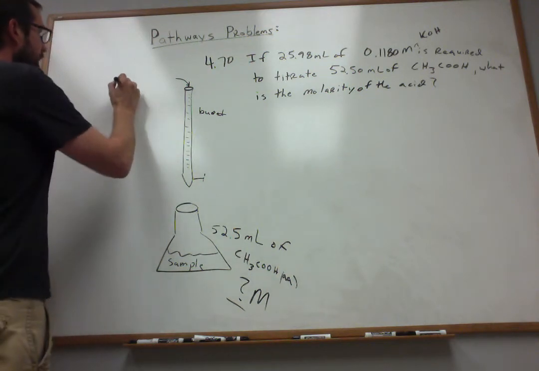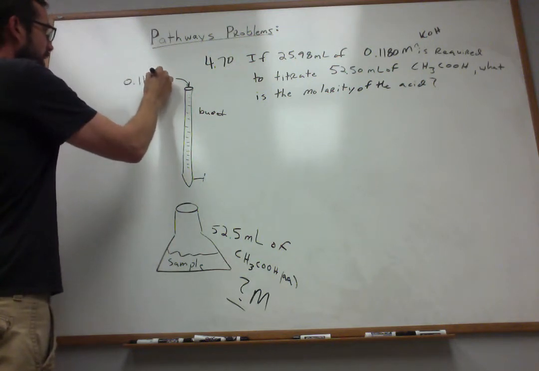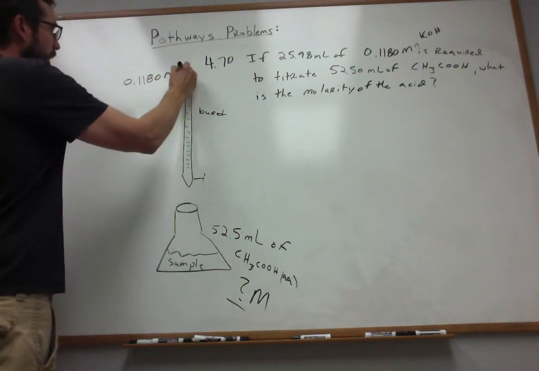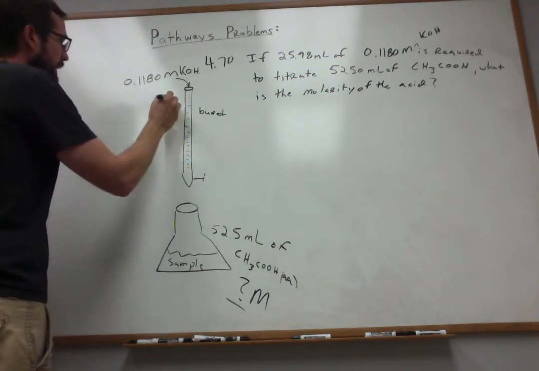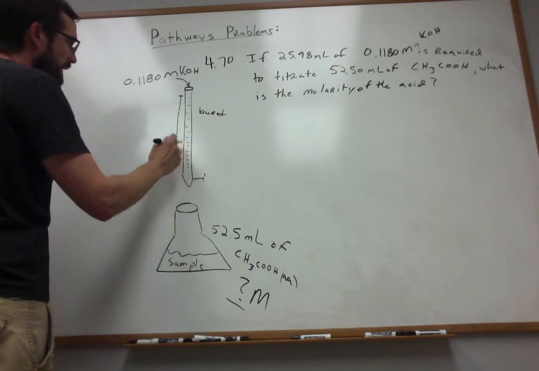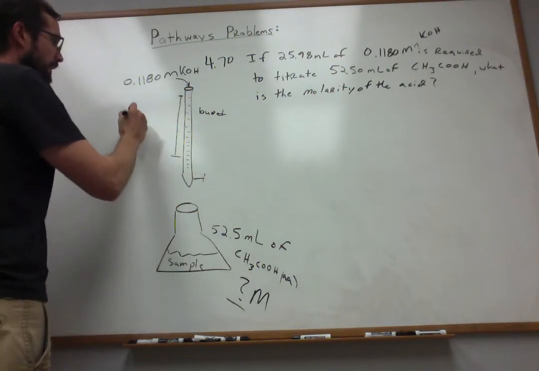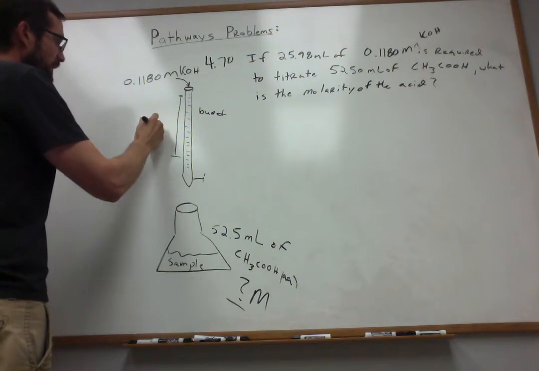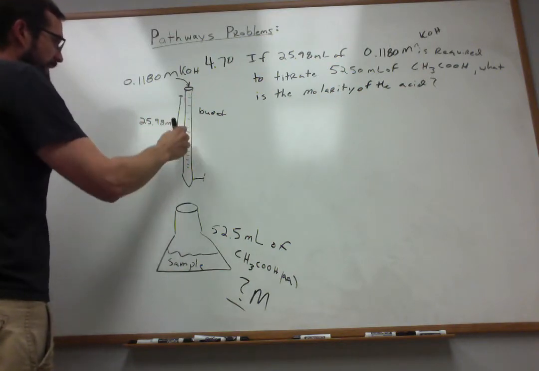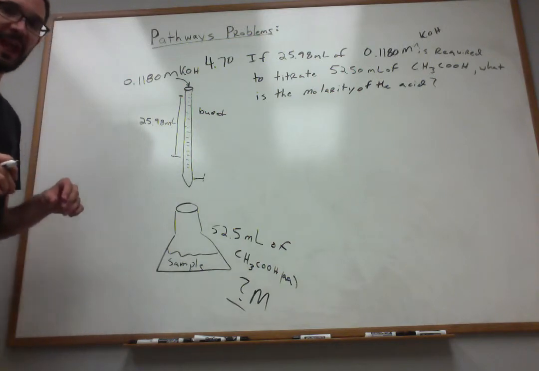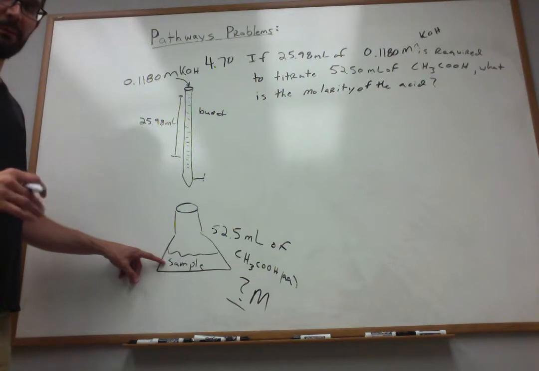Now in this case, the solution that I'm going to put in there is 0.1180 mole per liter potassium hydroxide aqueous. And what I'm going to find experimentally when I drain that titrant into here, very carefully, is that 25.98 milliliters of that titrant is required to react exactly with my sample and to consume it perfectly.